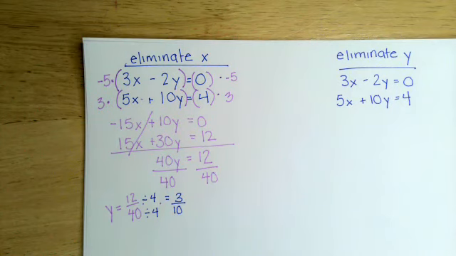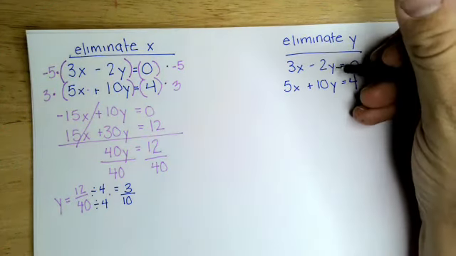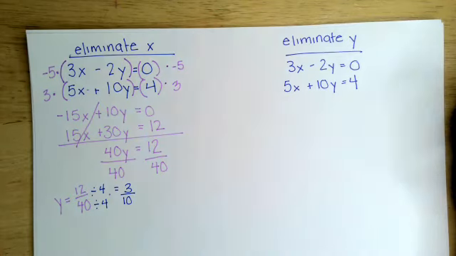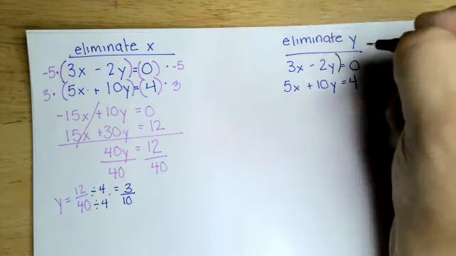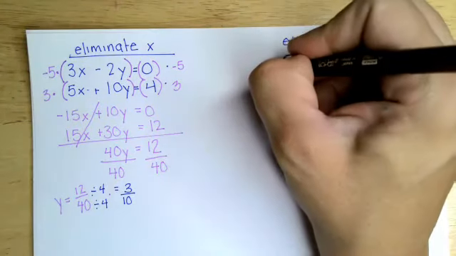All right. So to eliminate y, I need to make the -2y and the 10y equal, right? But opposite signs. The easiest way to do that would be to multiply this top number by 5.